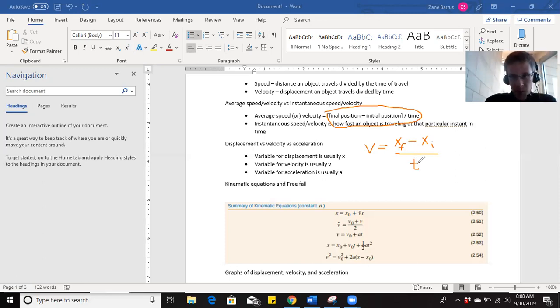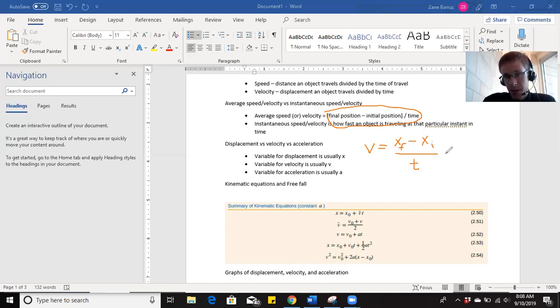In the school example, x sub f, my final position, was 18 miles. So that's how far away my school was. My x sub i, my initial position, was position 0 because that's where I started. So 18 minus 0 gave us 18. And if that took me a time of 30 minutes, which I plug in for t, that's where we got our answer from in the previous example.